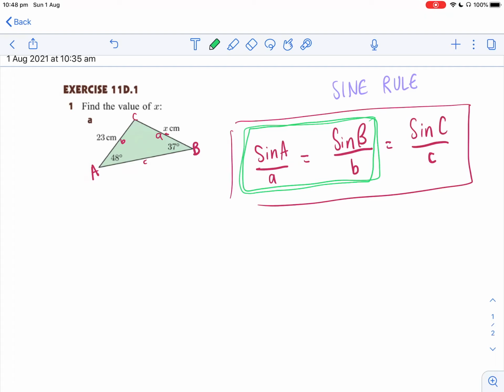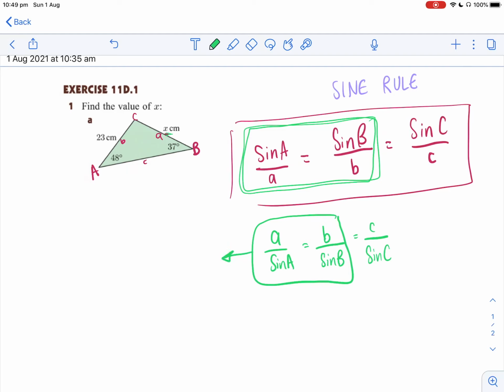The other thing about the sine rule is that it can be written the other way around as well. So a on sine A equals b on sine B equals c on sine C. And because I'm trying to find an unknown side length, I'm going to be using this particular one here.